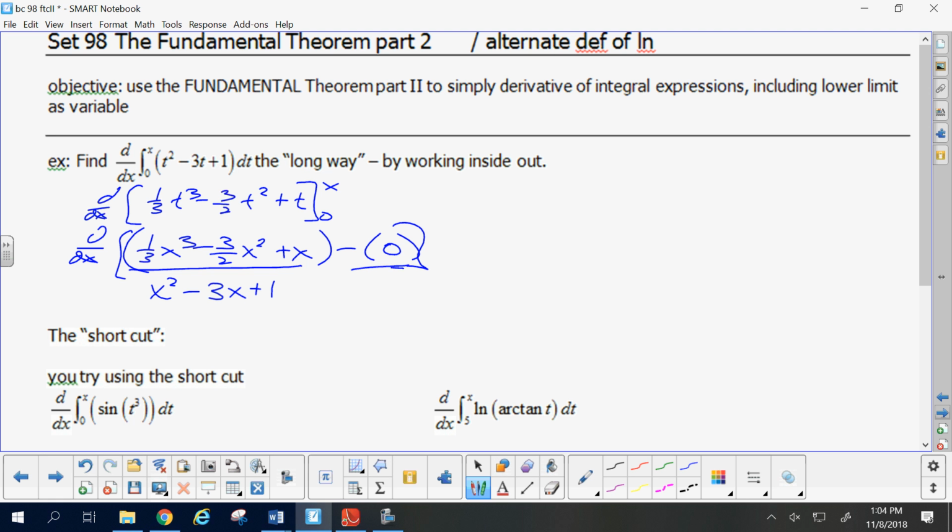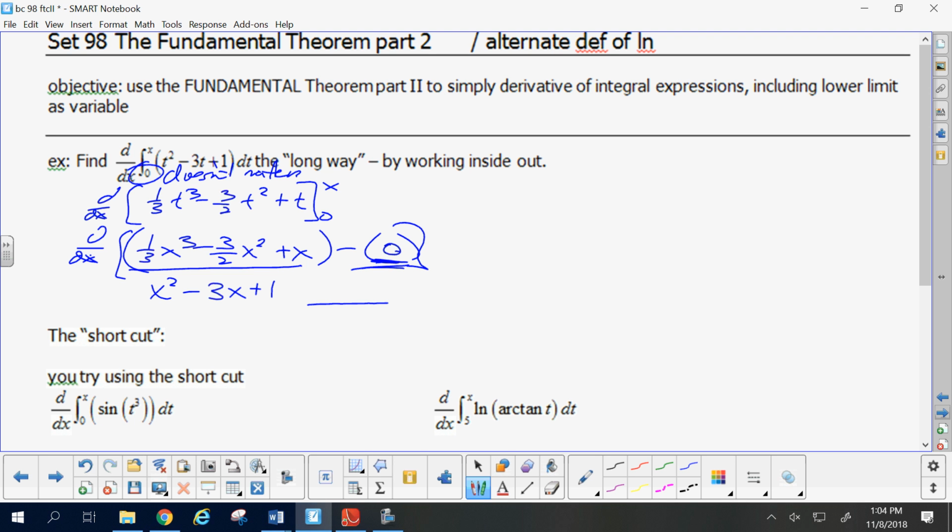What about this point? Doesn't matter, does it? How would this answer have been different if instead of starting at 0, it started at 1? Would the answer be different? If this were 1, wouldn't this still be some constant, but you take the derivative of that constant, wouldn't it still be 0?